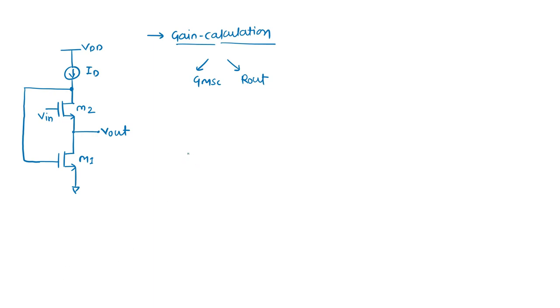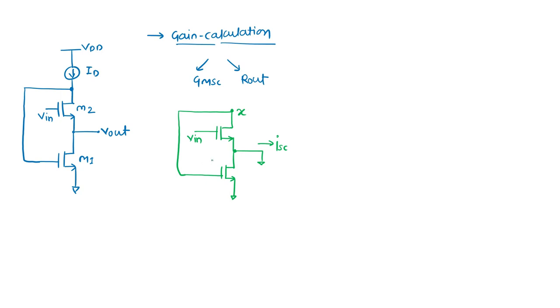So for the GM calculation, what will we do? We will open this DC current, and Vin is applied here. This is coming back to this point, and this is shorted at the output. I call this current ISC. We can assume a voltage at this node X, Vx.